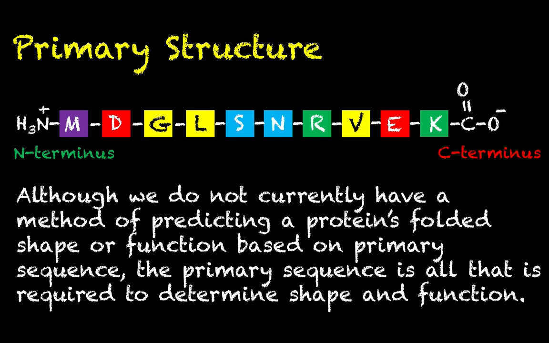So one last important point about primary structure is that even though we do not currently have a good and reliable way of predicting a protein's folded shape or a protein's function just based on the primary sequence alone, we do know that the primary sequence of a protein is all that is necessary to determine the shape and the function, even if we don't really have a good way of predicting that.